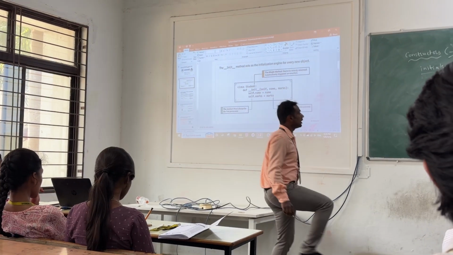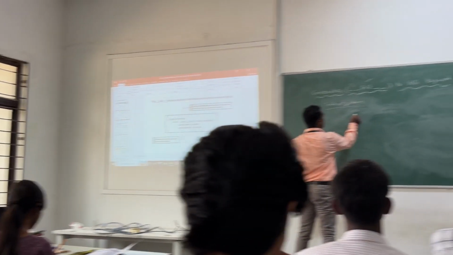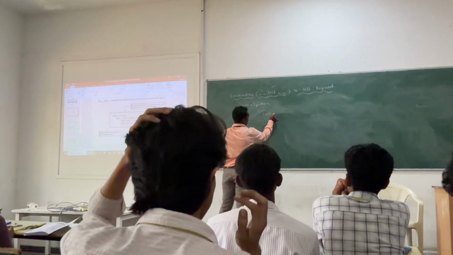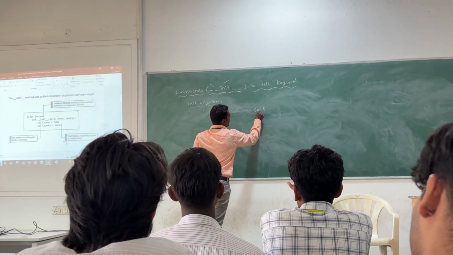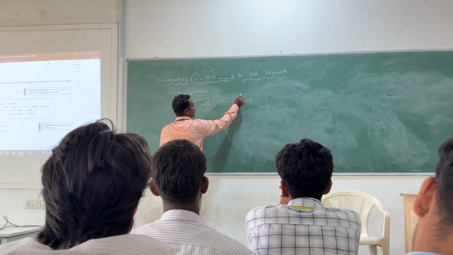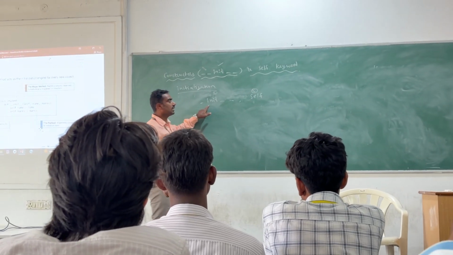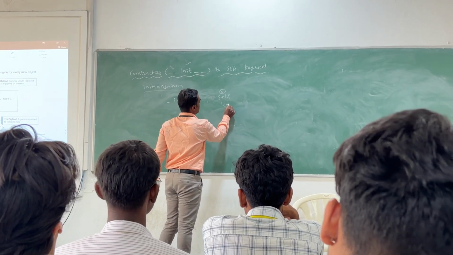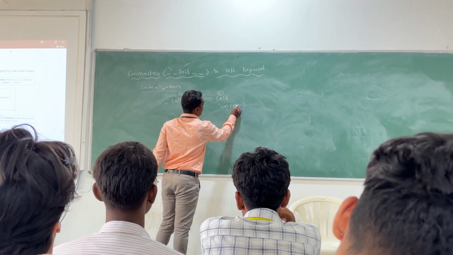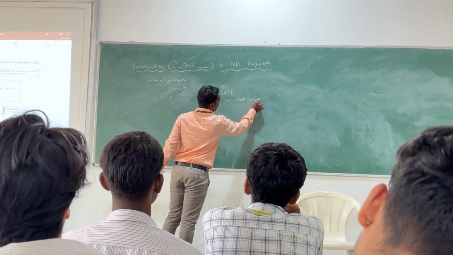Here there is a difference between init and self. These two are different keywords. Init is for initialization. Self is the current object; it deals with the current object only.